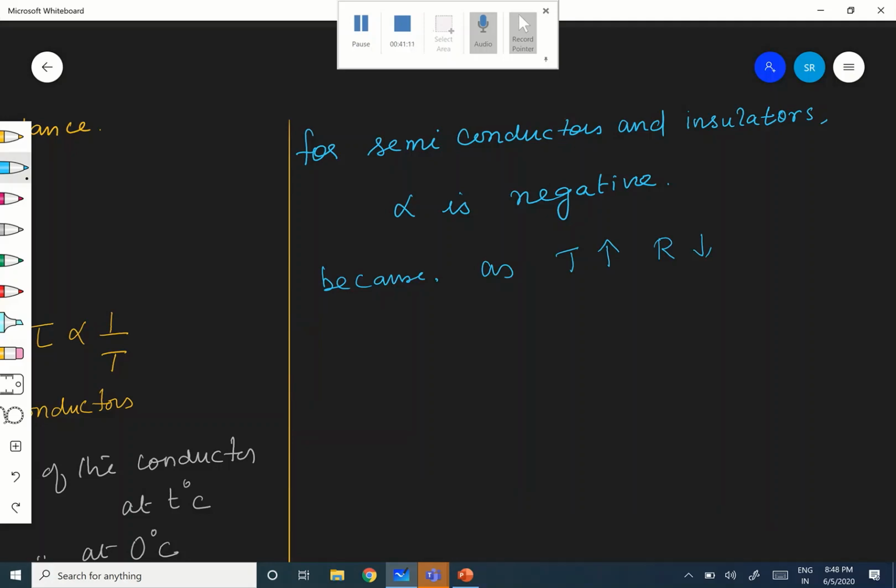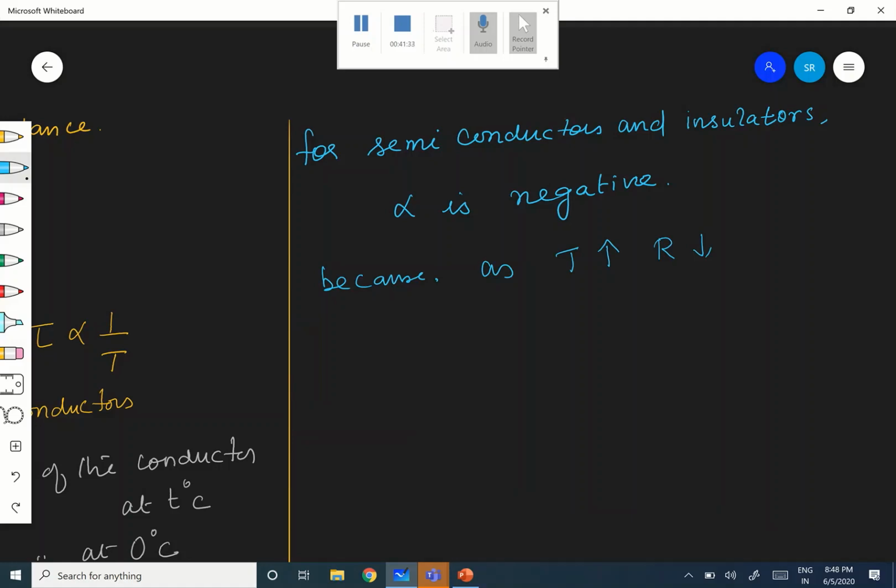But here it is different. Why? Because the number of charge carriers in semiconductors is very, very less at room temperature.